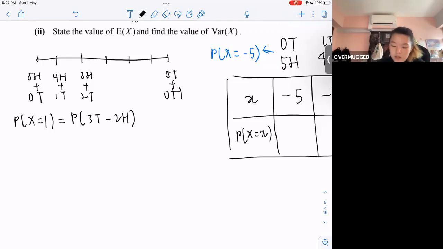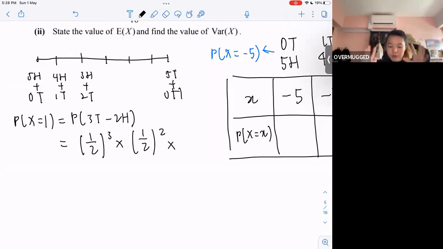Over here, you're going to use a combination of probability and P and C. My probability for 3 tails is half times half times half, which is half cubed, because the probability of me getting a tail is half. Then for my 2 heads, it's also going to be half, so times half squared.